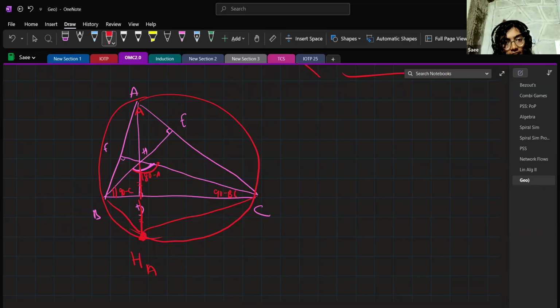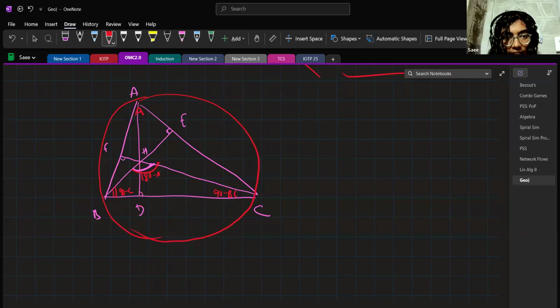You can also do another nice thing where you make this a parallelogram instead of a kite. You complete this parallelogram. Okay, I should not be deleting things ideally, but that's fine for now. You make this parallelogram so that this is parallel to this, and this is parallel to this, and that point, let's call it H prime, must also lie on the circle.